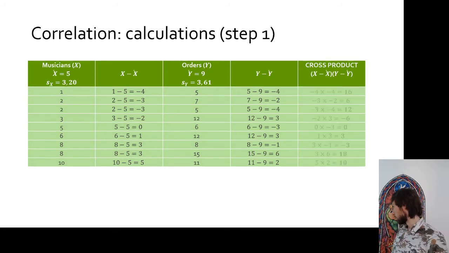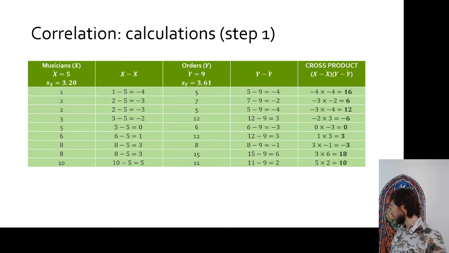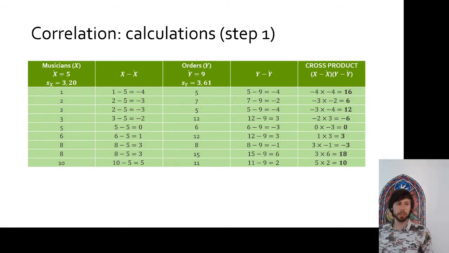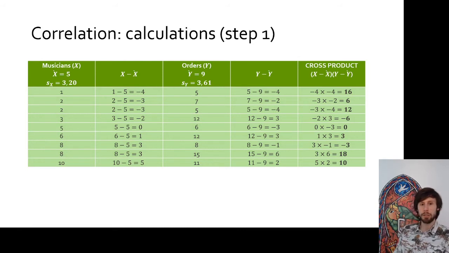You basically make this product for every participant, and that leads to a number of multiplications. I will show you in a second what the sense is behind this, but there is a very good reason for multiplying for every person how much they deviate on one variable and multiplying that by how much they deviate from the mean on the other variable. So you have 9 different cross products in this instance.